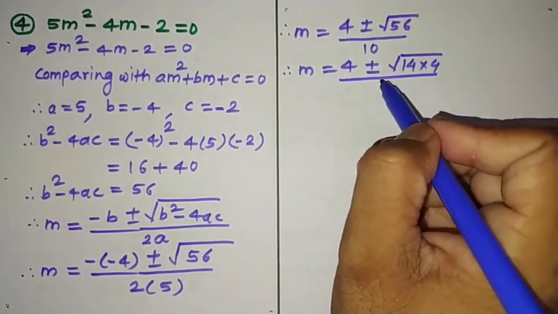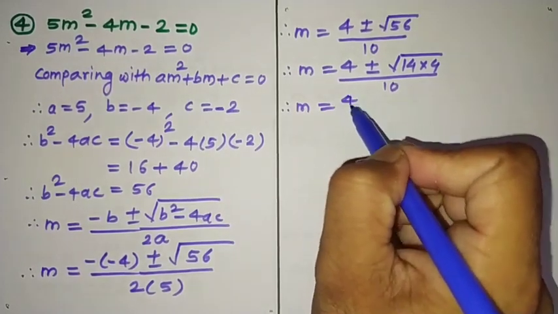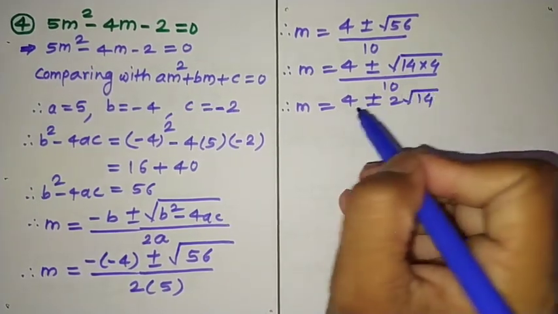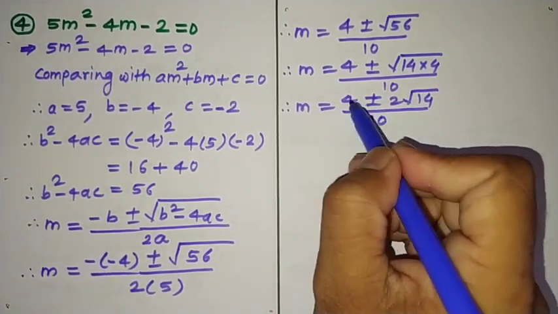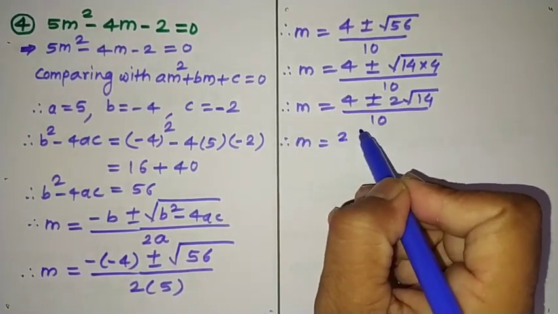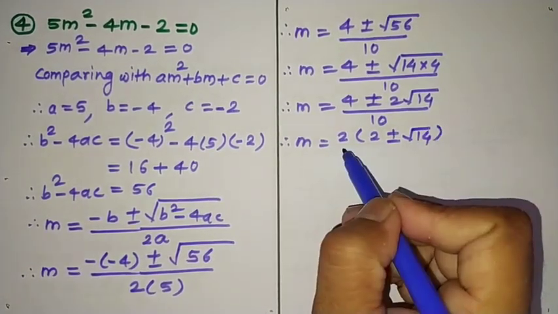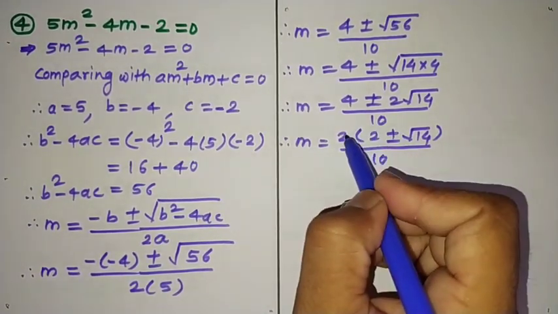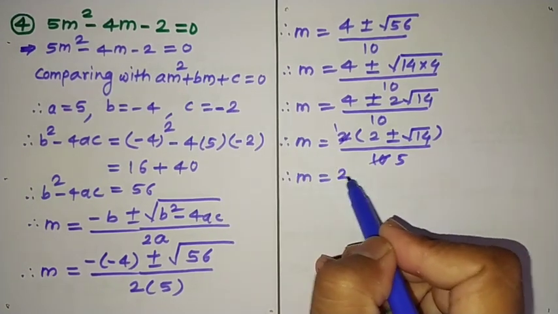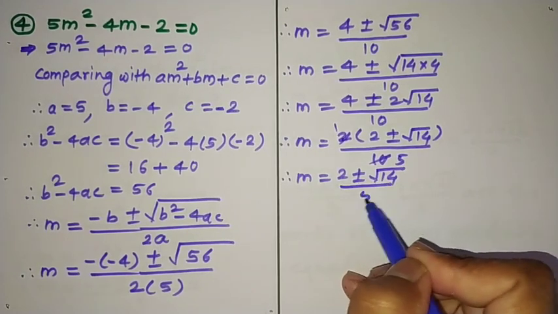The root of 56 is 2 root 14. Therefore, 4 plus minus 2 root 14 upon 10. Find out the common factor 2 in these terms. m is equal to 2 upon 2 plus minus root 14 upon 10. 2 5s are 10. Therefore, m is equal to 2 plus minus root 14 upon 5.